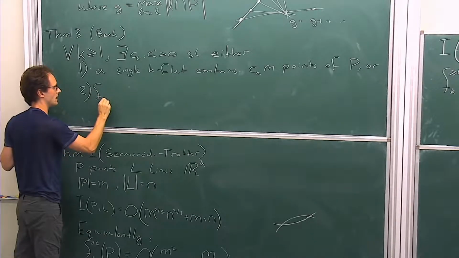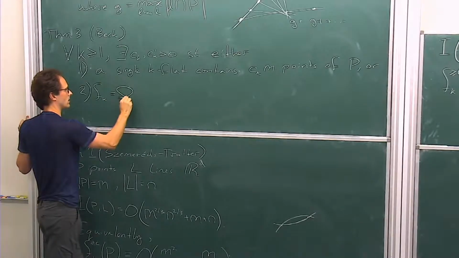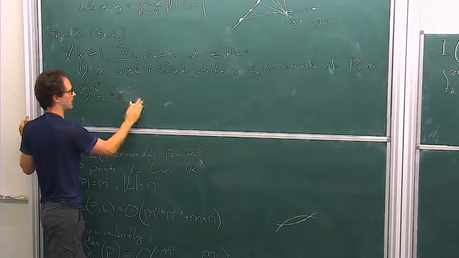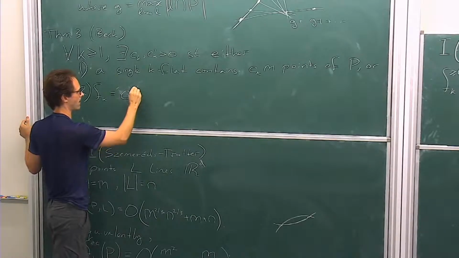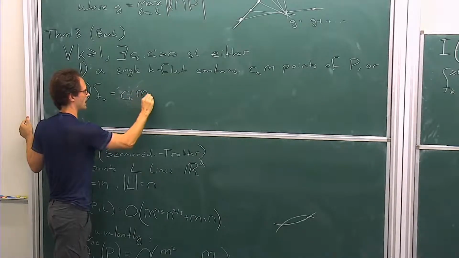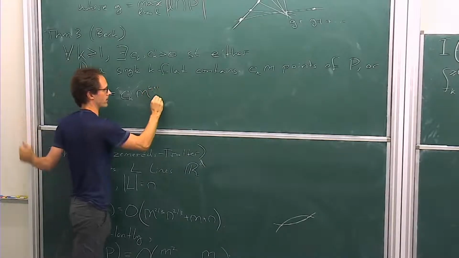So f_k is Omega, I've written the constant explicitly, c_k prime times m to the k plus 1.